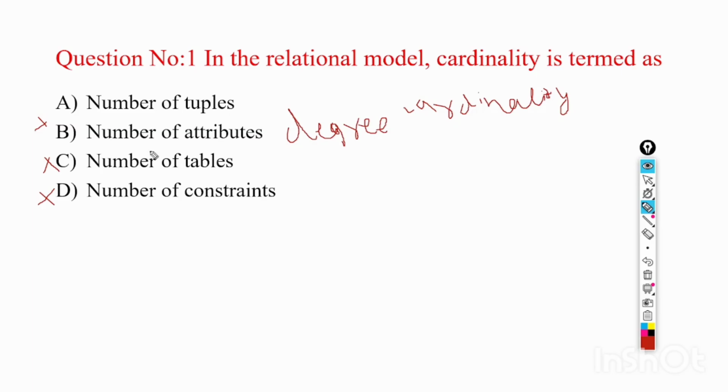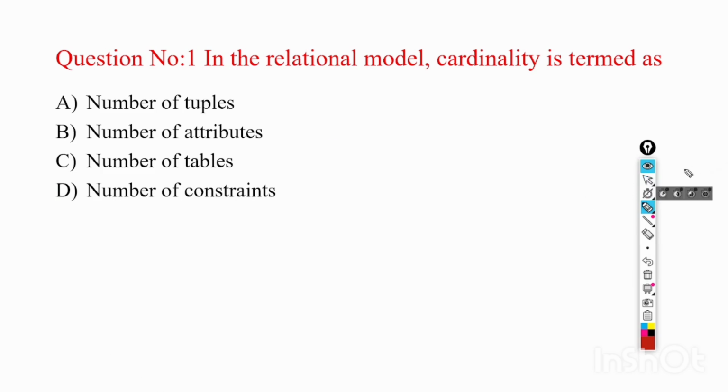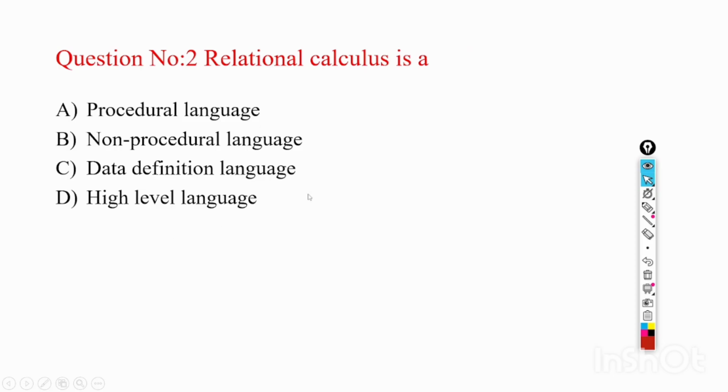The number of attributes we call as the degree of the relation. Number of tables is not related to cardinality. Number of constraints also has no relation with cardinality.